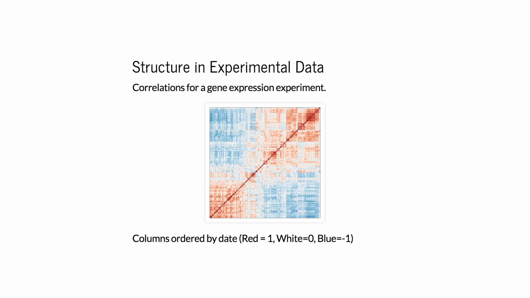Now, to see how complicated these structures need to be in a real data set, let's look at this correlation matrix for the data set that we have been studying with the 8,000 plus genes and 200 plus samples, where we have different ethnic groups that were recorded at different times. That's what this figure is showing us. And we can see the data is clearly not independent. There's structure there. You see these red squares and bigger red squares and smaller red squares.